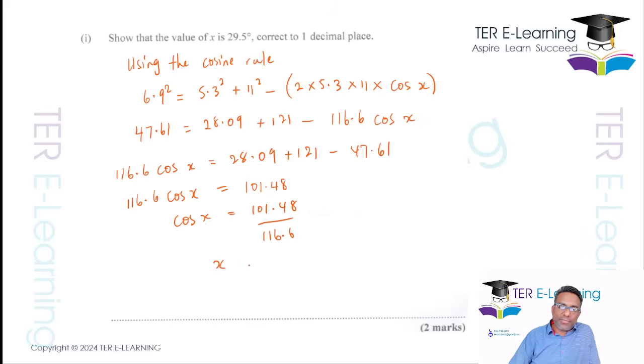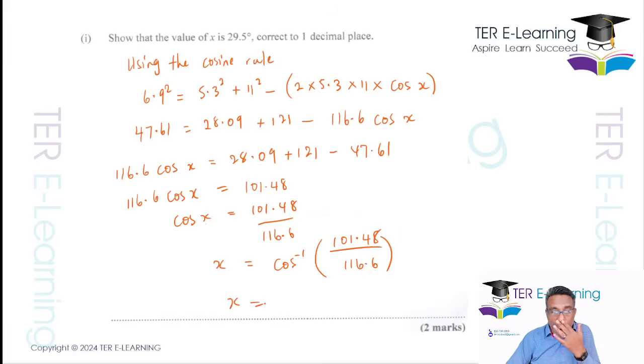So therefore X is equal to arc cos of 101.48 divided by 116.6. There's a lot of work for 2 marks. Right? And when I work this out, I am getting 29.5 degrees. So that's plenty of work here to use the cosine rule.